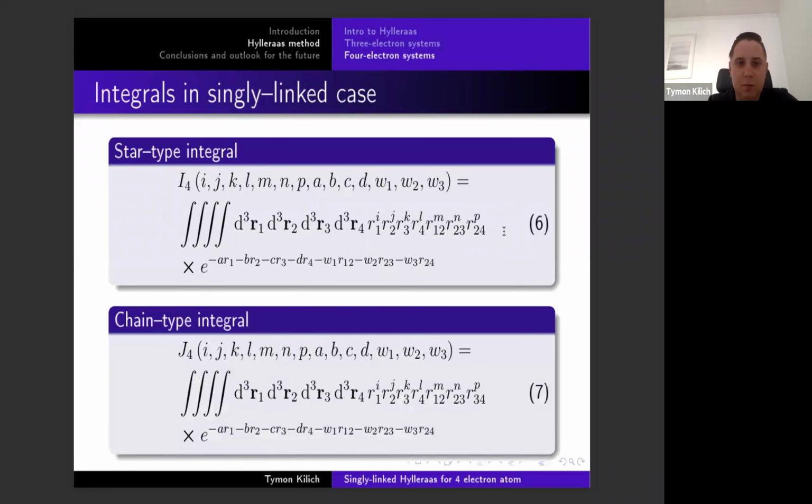First, what I call star type integrals, because the electrons are connected with each other through the second electron, as in here. So it kind of looks like a star. And here we have the chain type integral that connects linearly each electron to another.